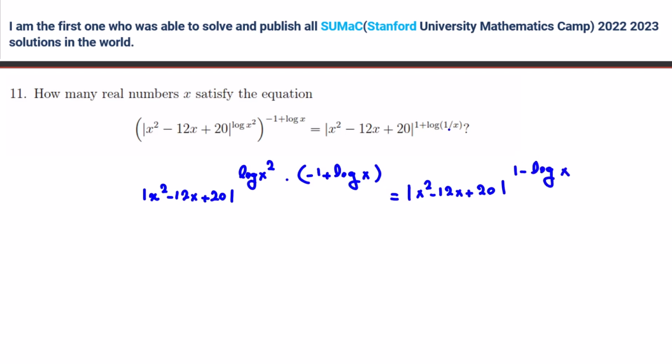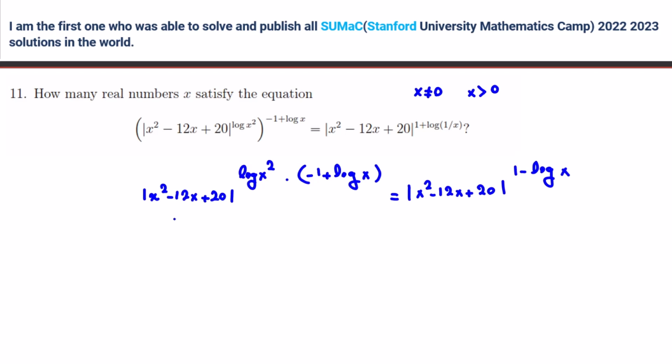Because we have log x here, x is not 0, so x must be greater than 0. So we can conclude x should be positive, right?